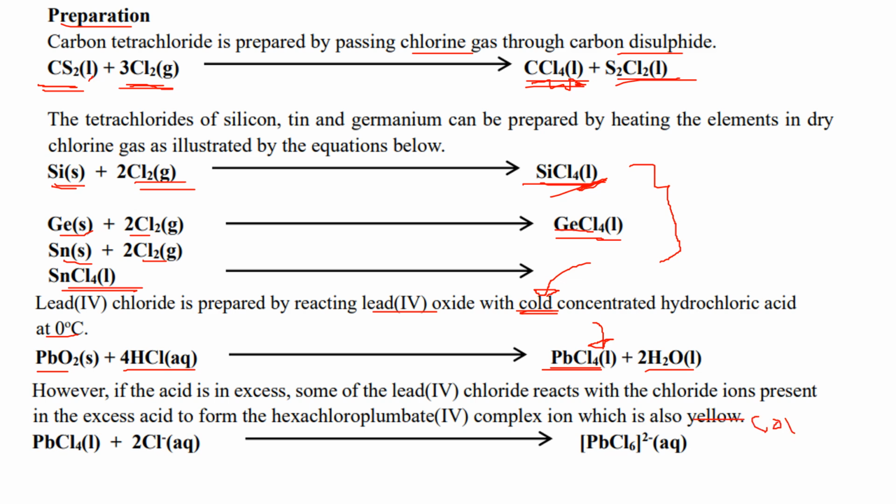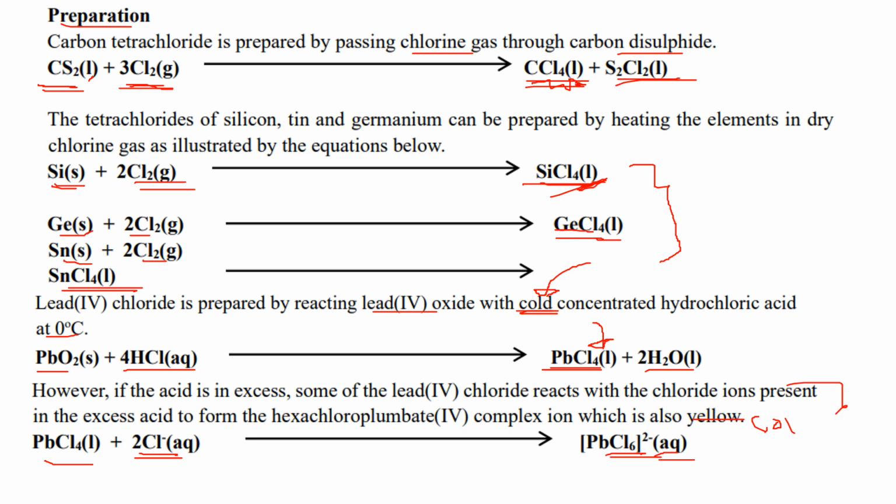A colorless solution is formed because the only elements that form colored complexes are transition elements. For the other ones, for as long as it's aqueous, we form colorless solutions. So aqueous lead chloride reacts with the excess chloride ions present in the solution to give the hexachloroplumbate(IV) complex ion.